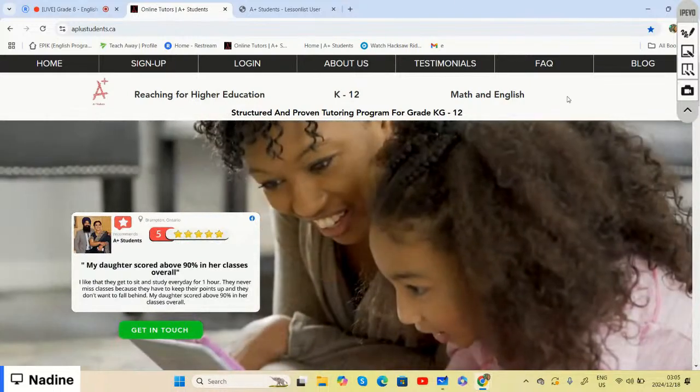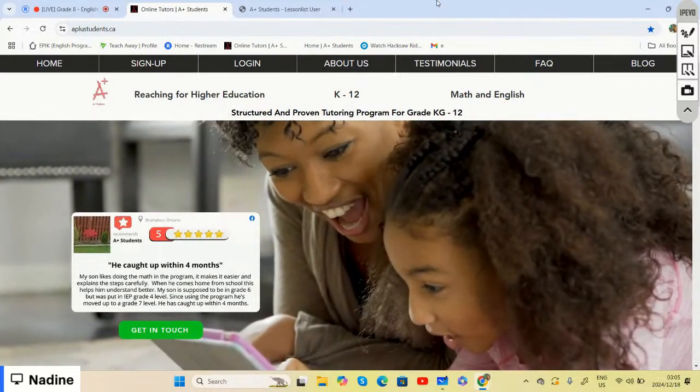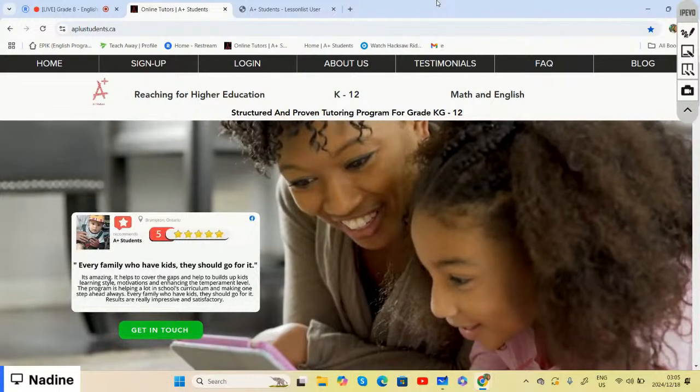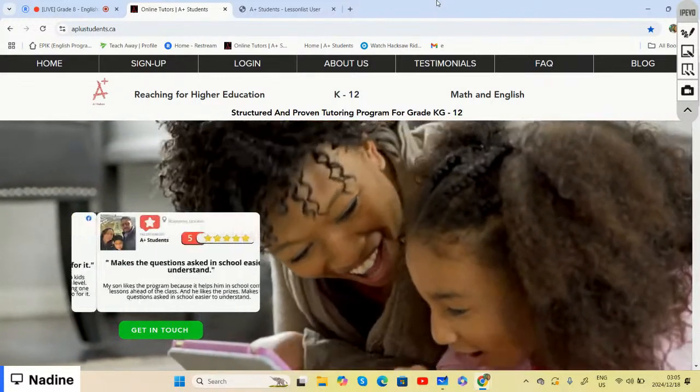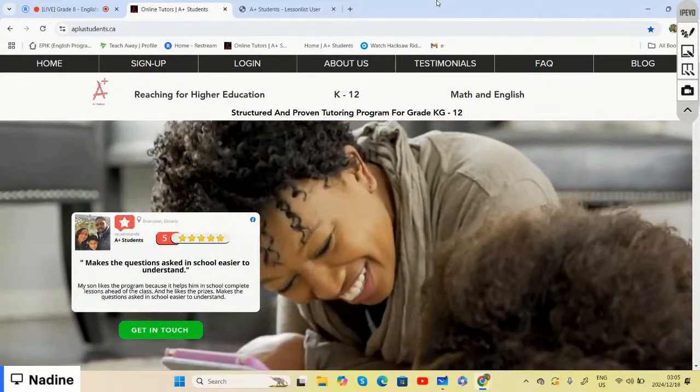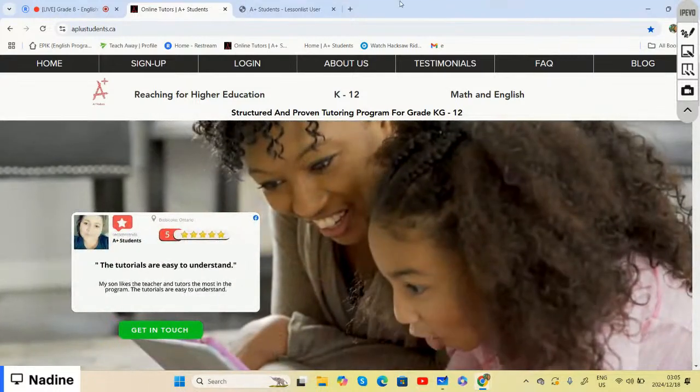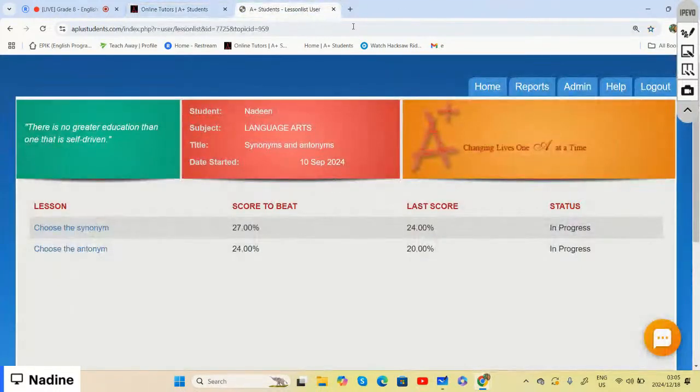We're doing grade 8, basically advanced writing. And then we're going to scroll down until we get to our chapter of synonyms and antonyms.